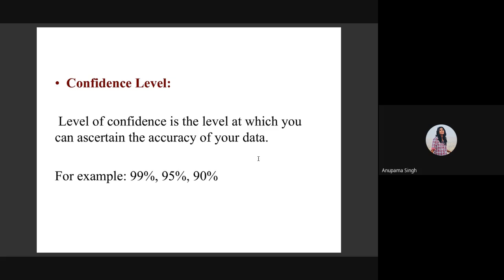If the results are not accurate enough, then it can be more fatal in nature. If the drug is not tested properly and it goes into the market, then it will be more hazardous. So in a lot of medical studies, the confidence level is taken to be 99%.